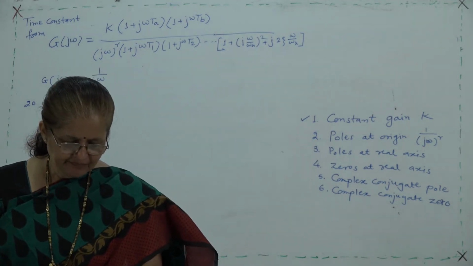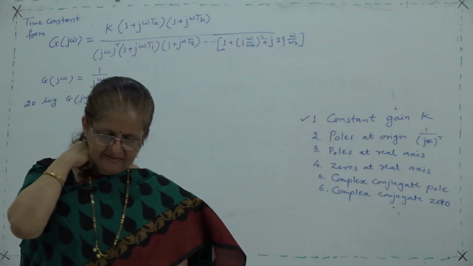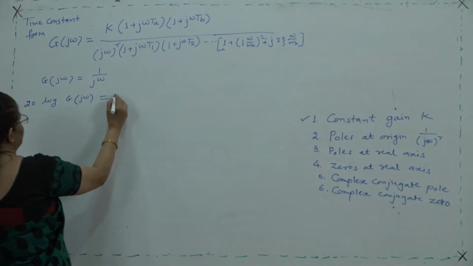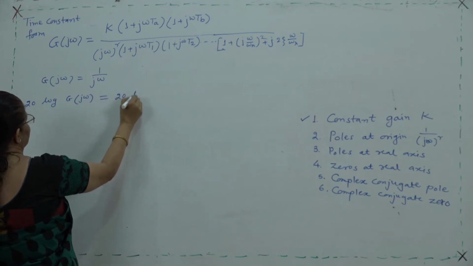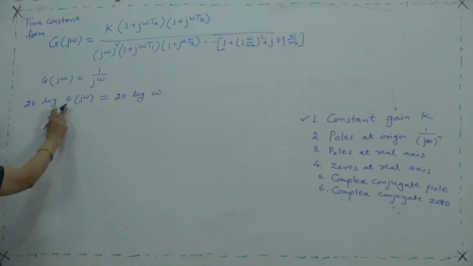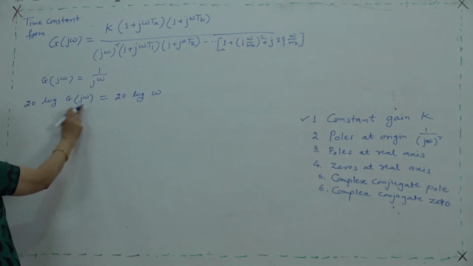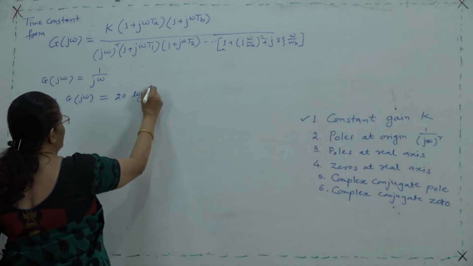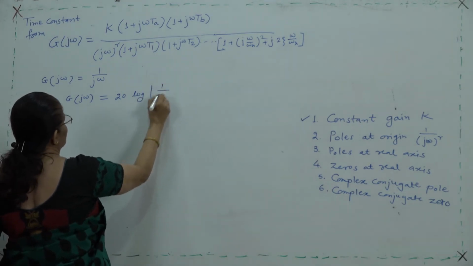So, how will you write it? See how you are considering the magnitude of this. One more step if you want, I will write the magnitude of 1 upon j omega.